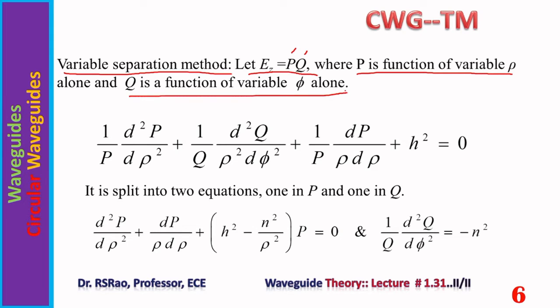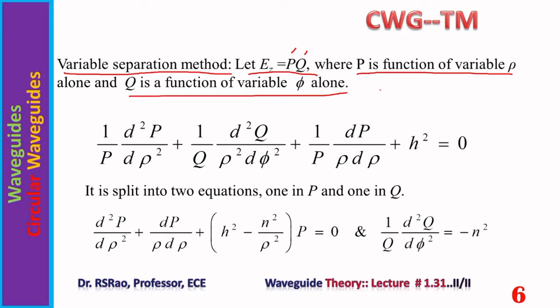Here one point is required to be mentioned. Where is the guarantee that Ez is specifiable as product of P and Q, P function of rho alone, Q function of phi alone? There is no guarantee, it's only a possibility. See, as it is, solution is not available. This is the basic point. So then what to do? A way out is suggested, that is using variable separable method.